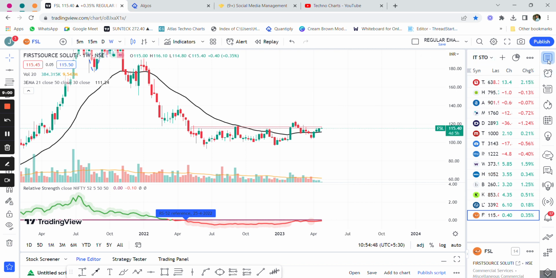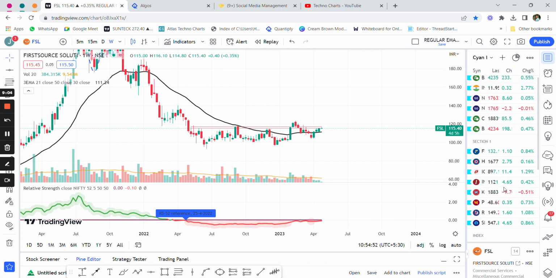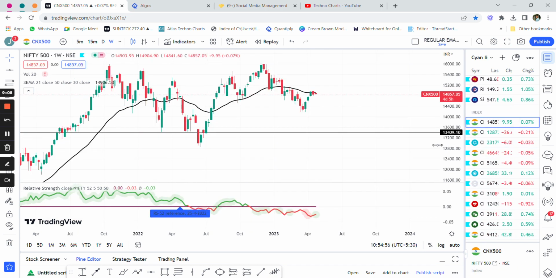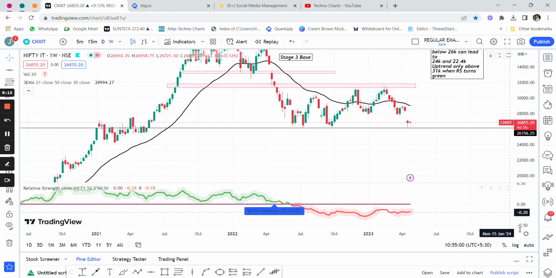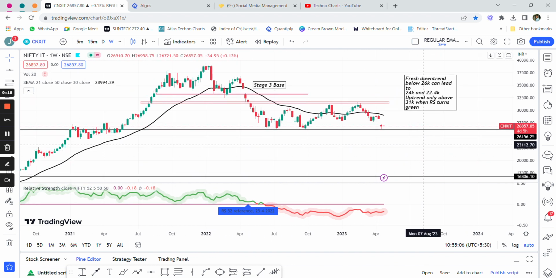So my suggestion to all of you would be to wait for the trend to emerge or change in this IT index. Let me just show you the final chart of Nifty IT, or CNX IT, here. As you can clearly see, CNX IT is in a stage 3 base and stage 4 downtrend here, and this can particularly head to 24,400, and below that is 22,000.